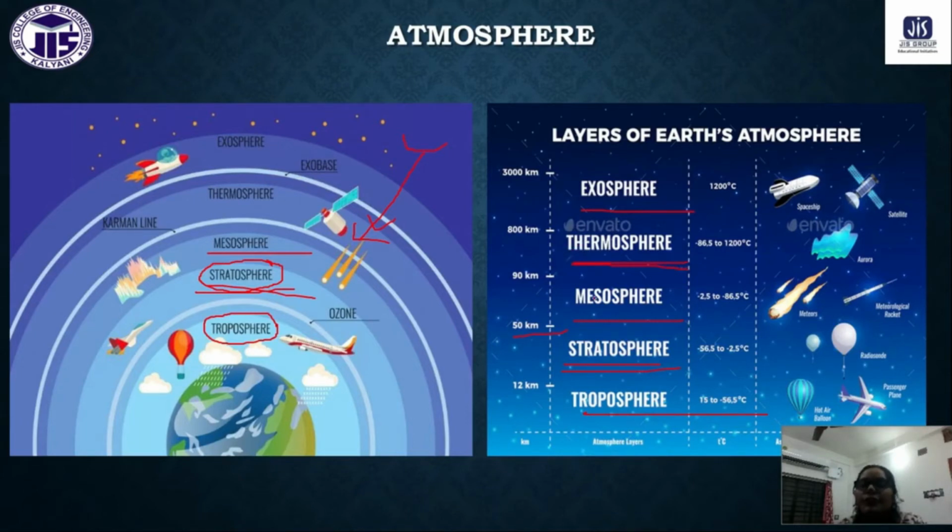In the thermosphere, the temperature is very high. Why? Because the X-ray radiation coming from the sunlight is absorbed by the thermosphere.